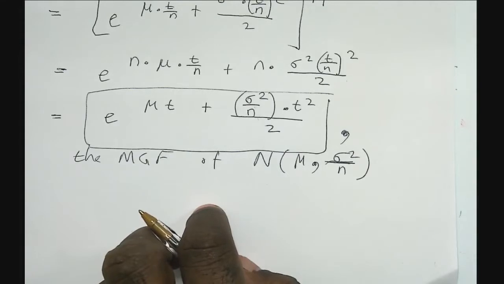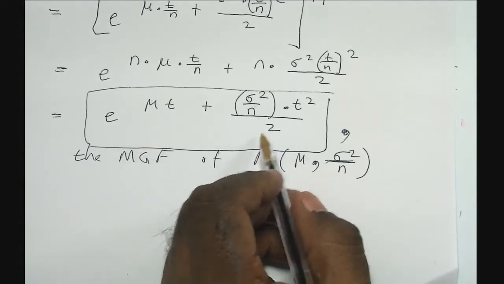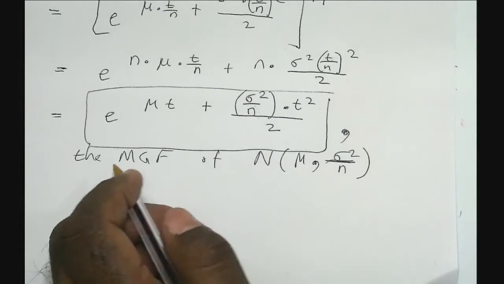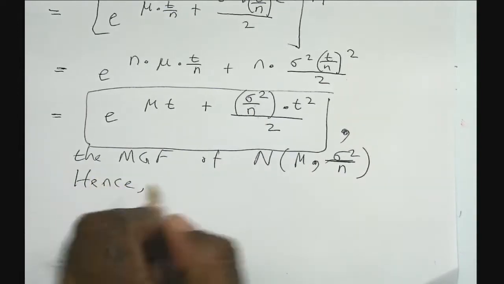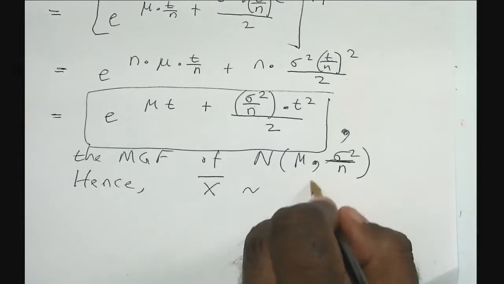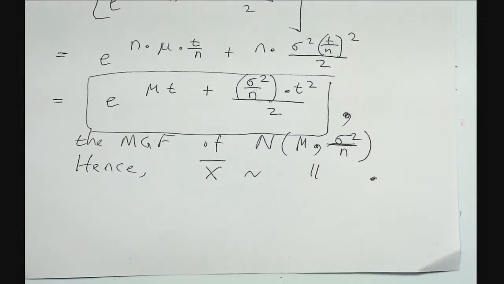Can you see what I'm doing? Because what you have here is the same as this, with sigma squared replaced by sigma squared by n. Hence, we have shown that x bar follows this distribution. All right? Is that clear, guys? Yeah?